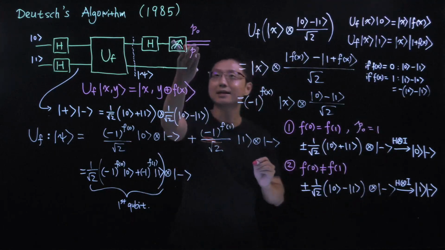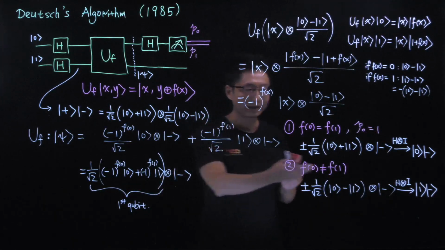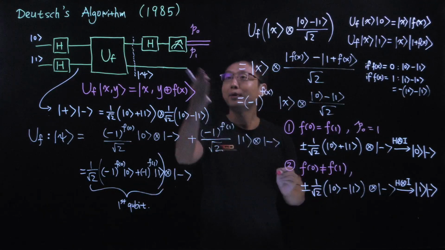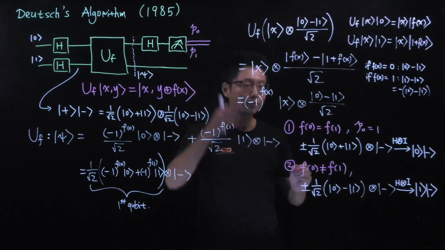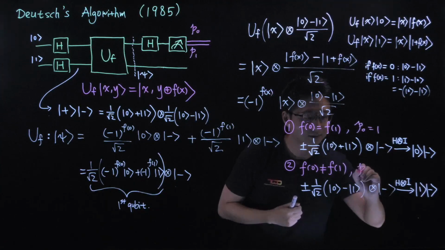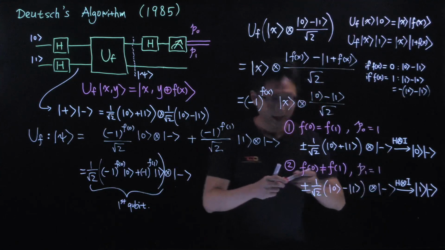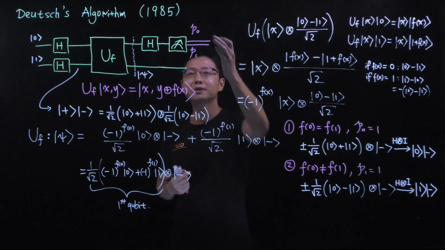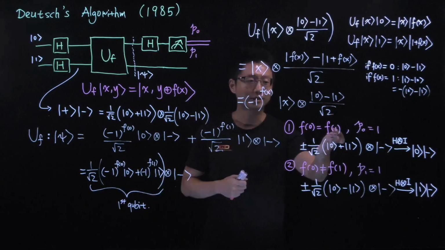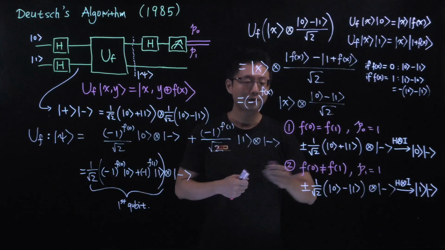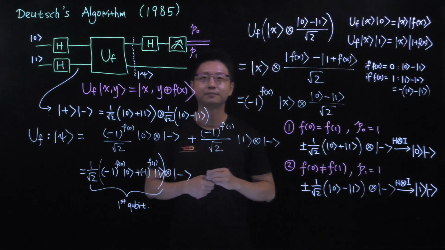So this detector clicks with certainty. In the second case, where the function is balanced, P1 will be equal to 1. Hence, by looking at which of these two detectors clicks, we can tell for certain whether this function is of the constant type or the balanced type.